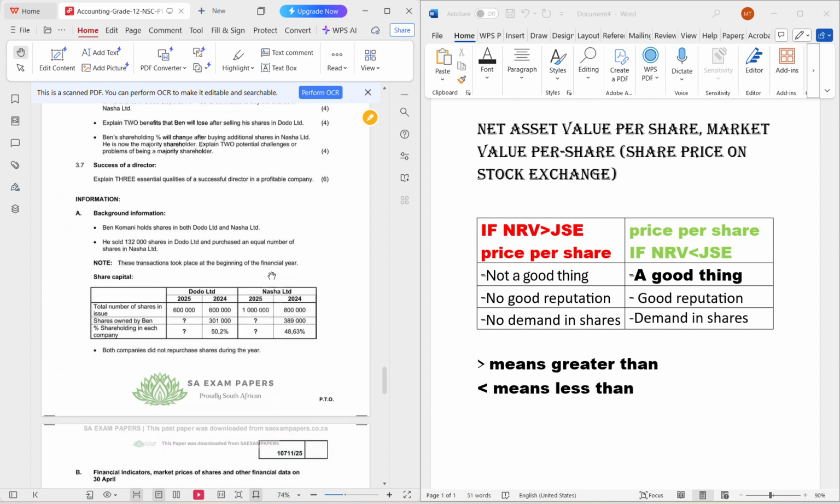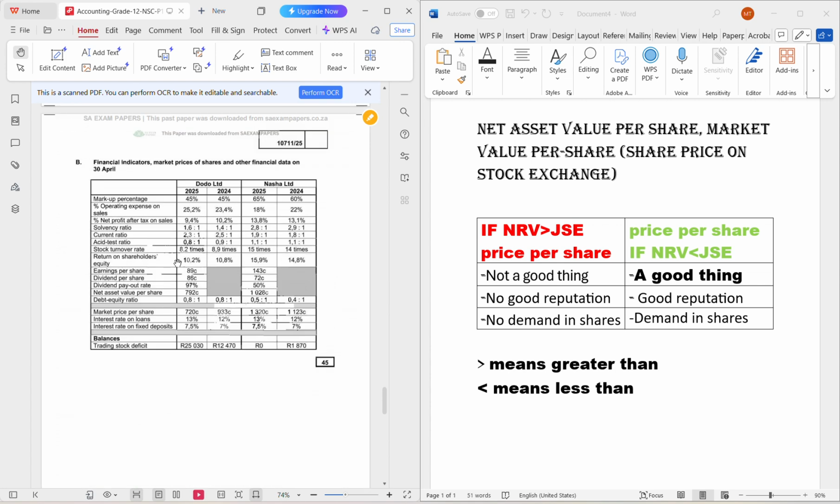So let's go through our information. When you see this question, you have to look for the two indicators, the NAV and the JSE. Our net asset value per share for Dodo Ltd is 792 cents, and our market price per share is 720.